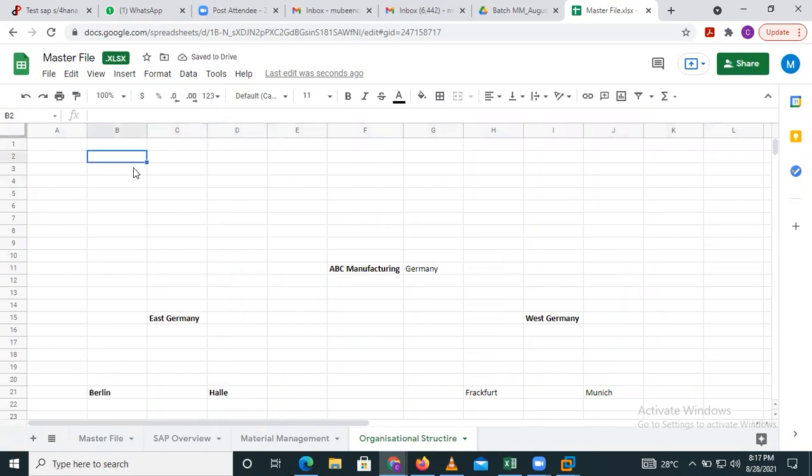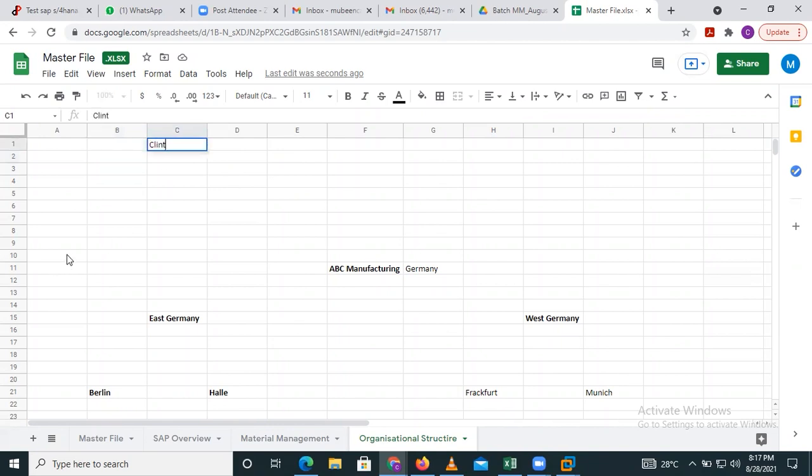So whenever companies are thinking to implement SAP, they will start building their organization structure in SAP. So for each module, there is an organization unit.